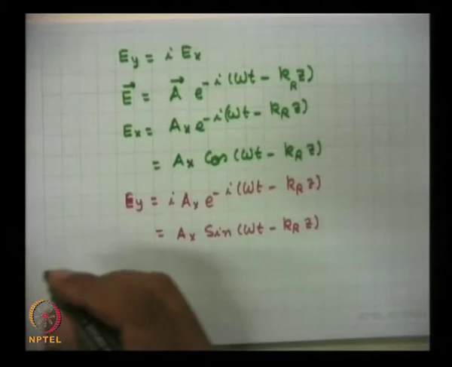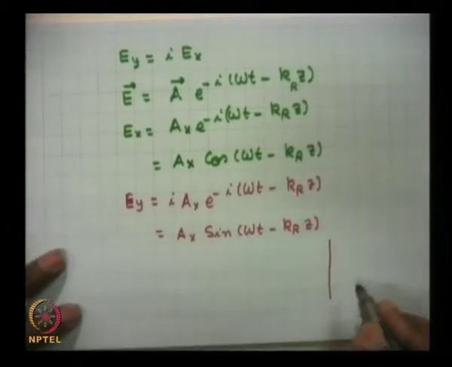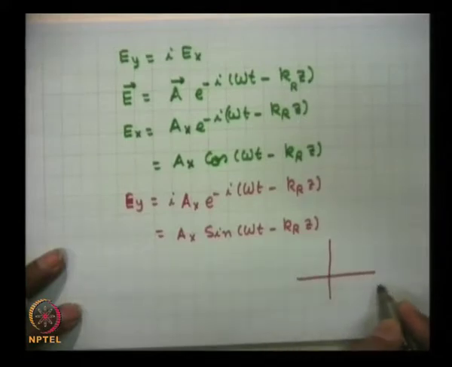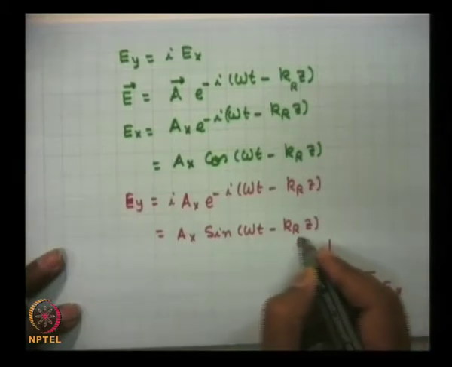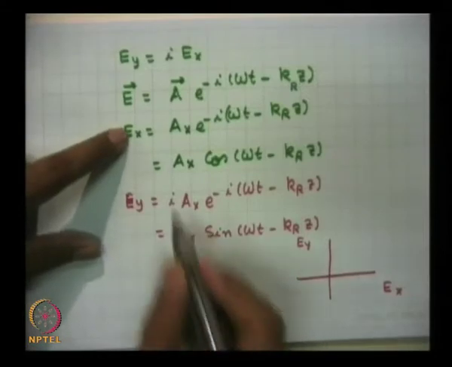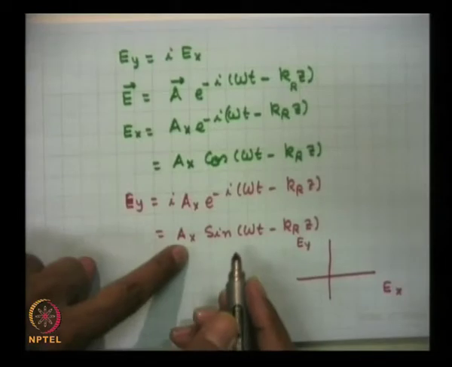To appreciate this, let me plot a graph here. If I plot Ex on this axis and Ey on this axis, you will note, first of all, from this itself, Ex square plus Ey square is Ax square.